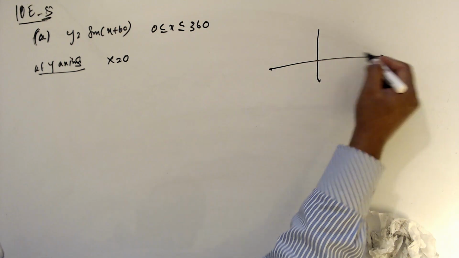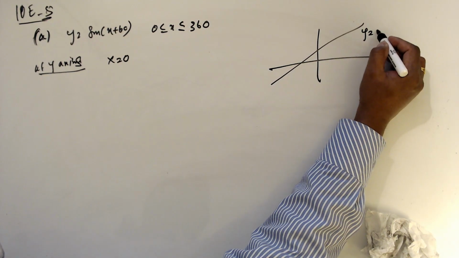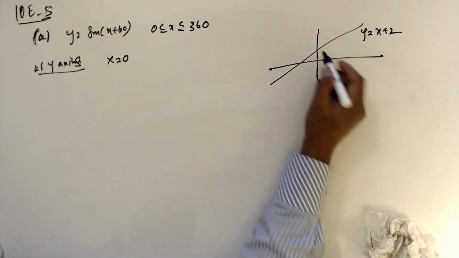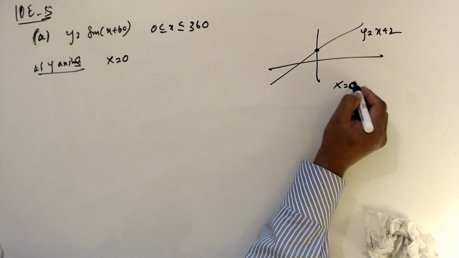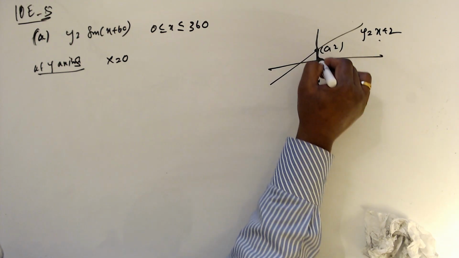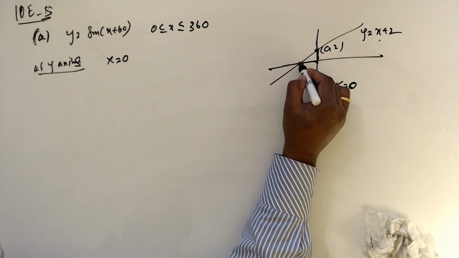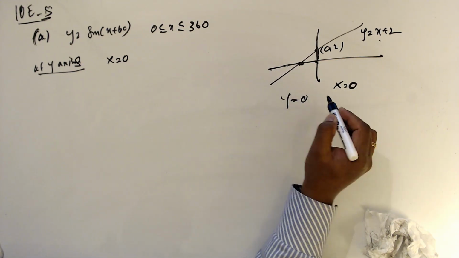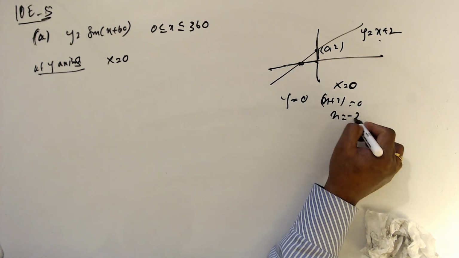We have equation y equal x plus 2. How do we find? When x equals 0, we will get y value because y-axis x equals 0. Same as here, to find this one, y equals 0, then x plus 2 equals 0, x equal minus 2.